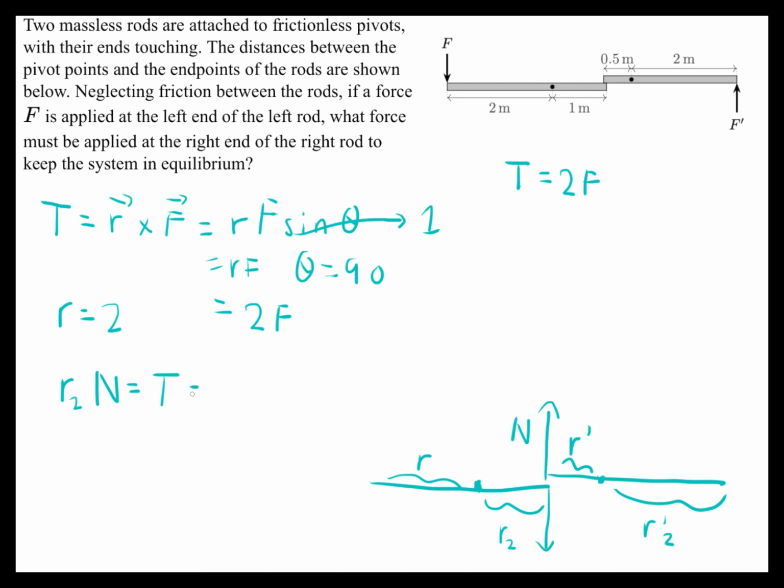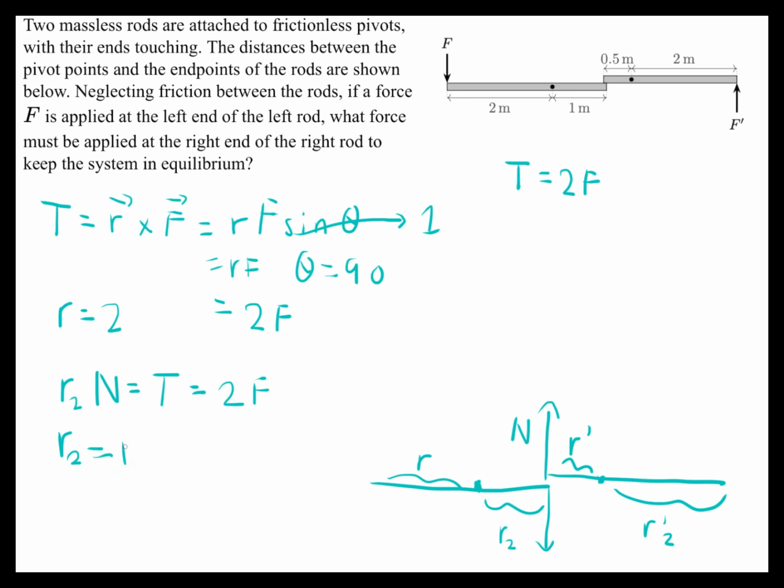And the applied torque we just calculated is 2 times the applied force on the left end of the left rod. And the second distance to the pivot point, or this distance here, is equal to 1 meter.